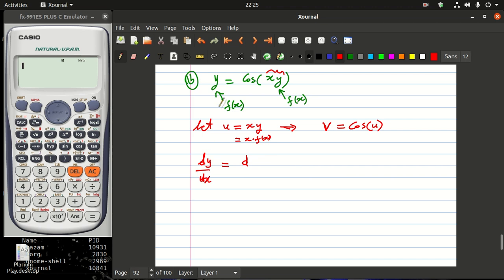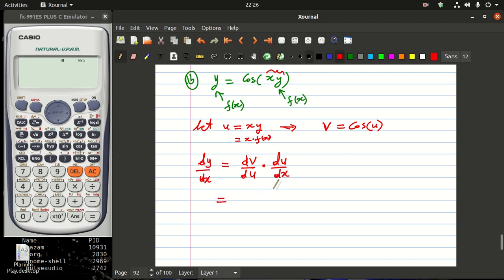I wanted to take dy, which is this one here. We're not going to be using these y's. I am first going to take this v, not a y. So I'm going to take dv with respect to u first, and then later I am going to take the derivative of this u with respect to x, because I've changed this y to be in terms of v.